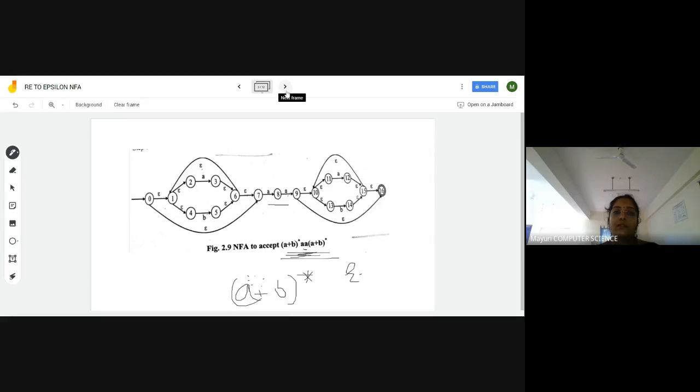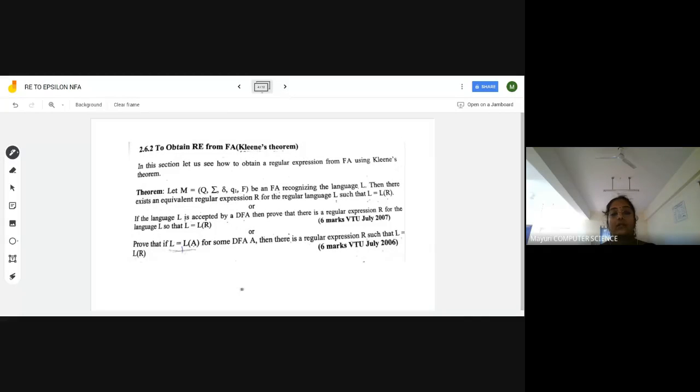So the next one is, okay, we'll straight away go with Kleene's theorem. Kleene's theorem is especially for the purpose of generating the regular expression from the finite automata. So how do you generate the regular expression?